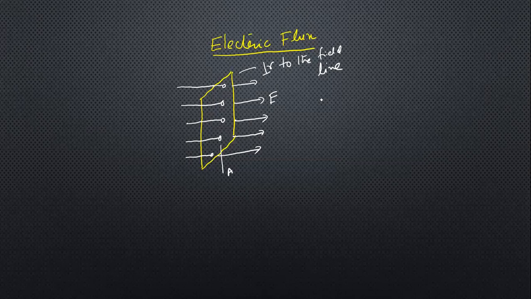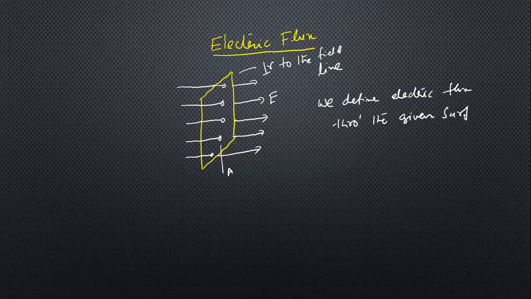Then we define electric flux through the given surface as phi E, electric flux, is equal to EA.